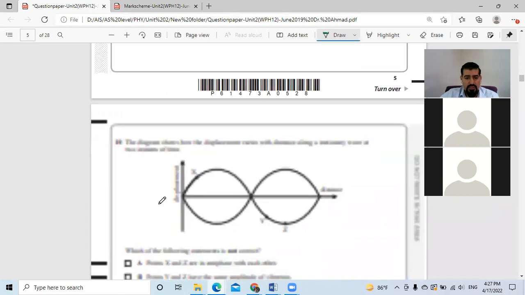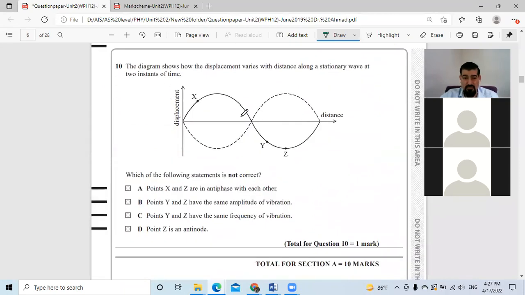Last question here. It's a confusing question, they repeat it in a different way. Question number 10. The diagram shows how the displacement varies with the distance along a stationary wave at two instants of time. So this is a standing wave at a certain instant, and this is another instant. Which one of the following is not correct? Points X and Z are in antiphase. It's obvious, because one is at the top and one at the bottom.